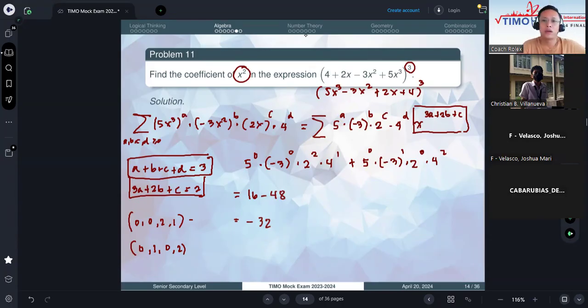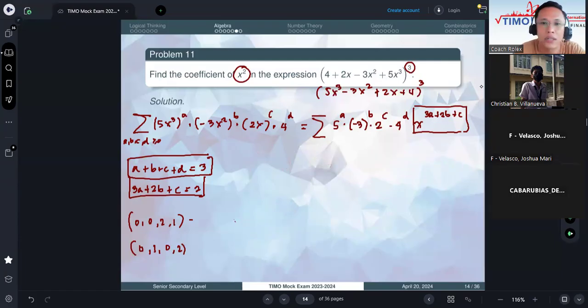Others can still see the screen. Maybe due to your internet. Yes, that's why something was missing. Okay.